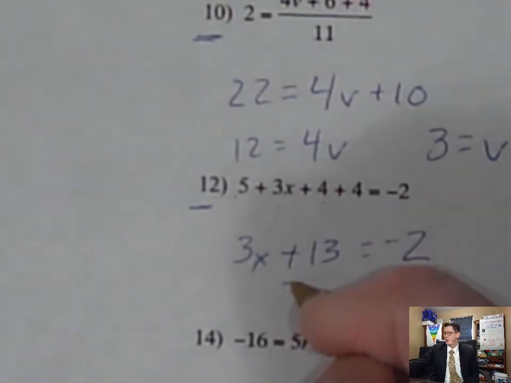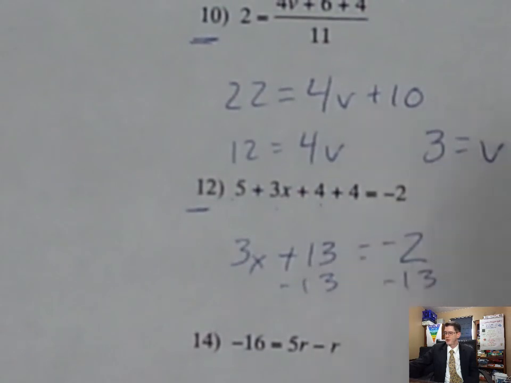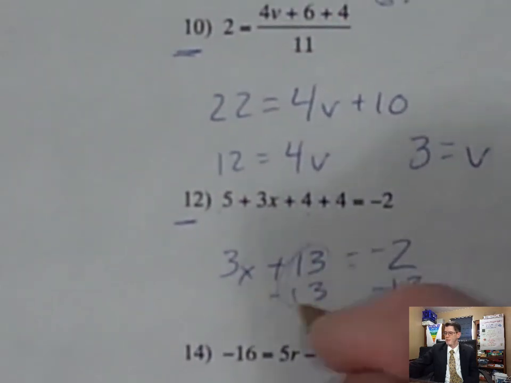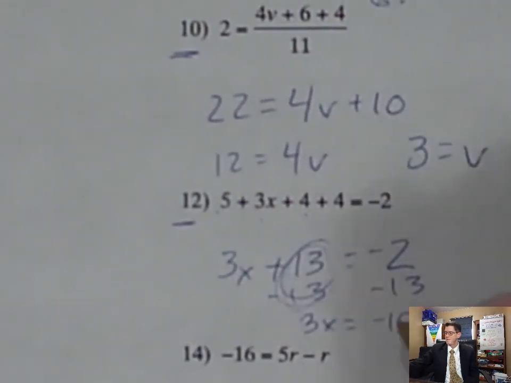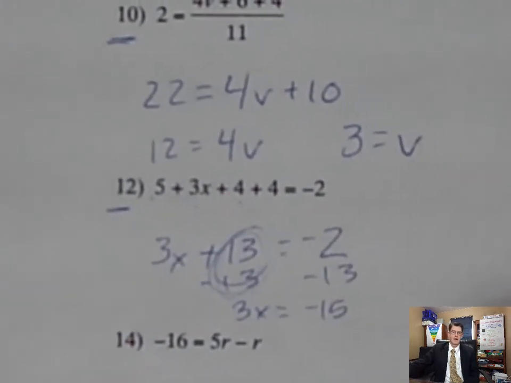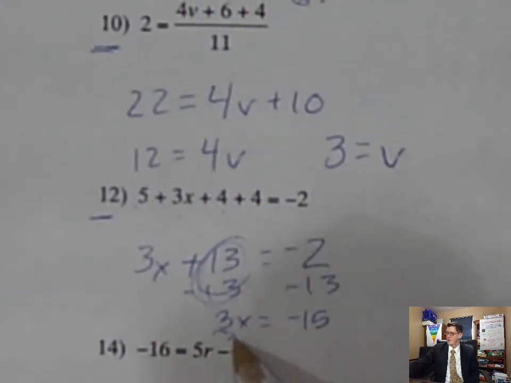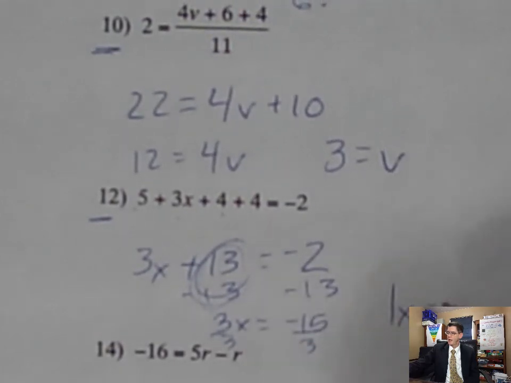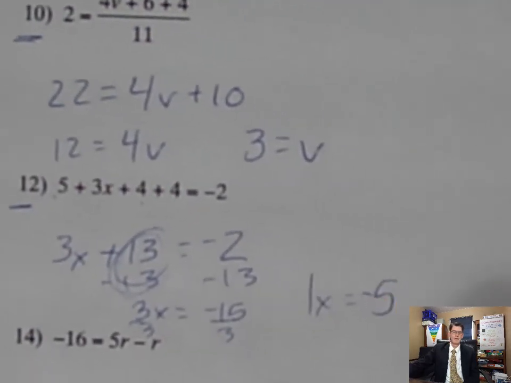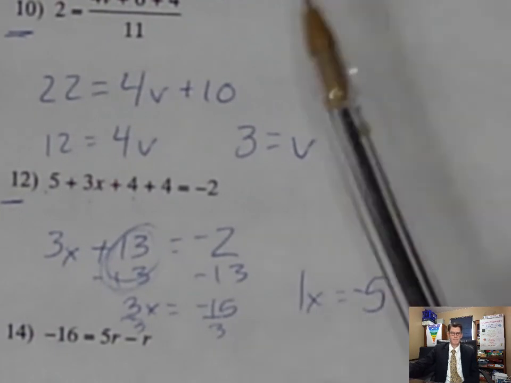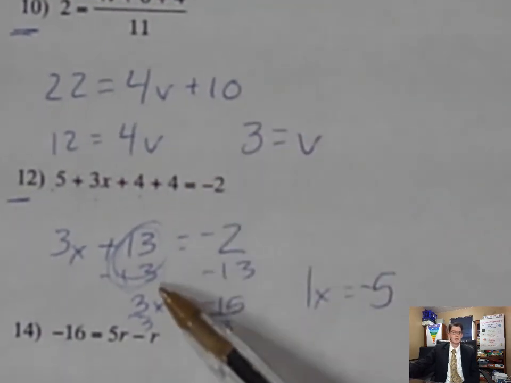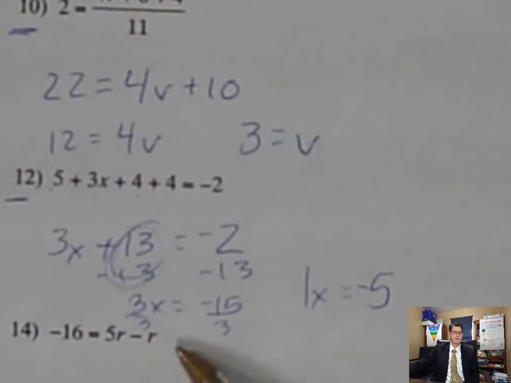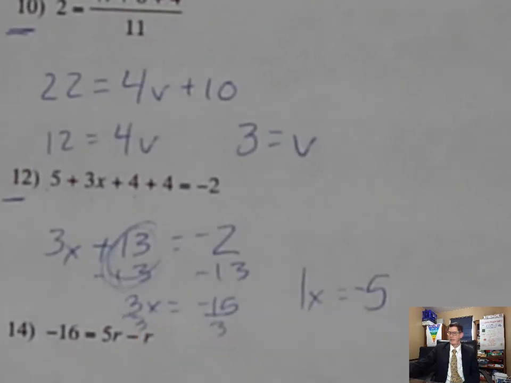Back to the two-step equation part, which probably don't need to spend this much time on, but 3x's, with that becoming 0, is -15. Divide both sides by 3. So you can get 1x all by itself, divide by 3. 1x is -5. Combined the like terms, subtracted the 13 off, and then divided by.